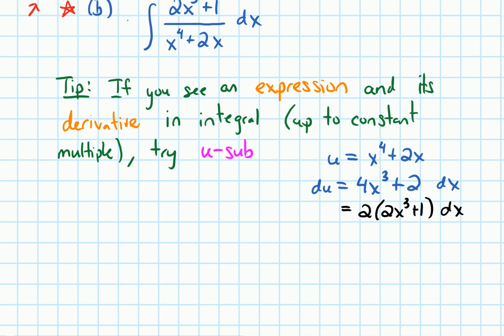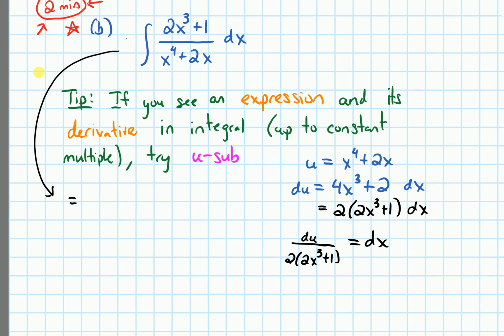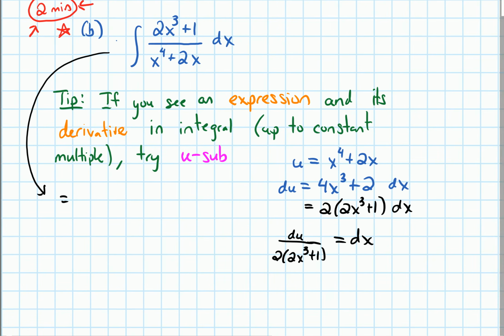So let's isolate dx. We'll get du over 2 times 2x to the 3rd plus 1 equals dx. And now let's substitute in. Okay, so let me zoom it out a little bit. And if I substitute in, we get the integral. The numerator is 2x cubed plus 1 over denominator's u.